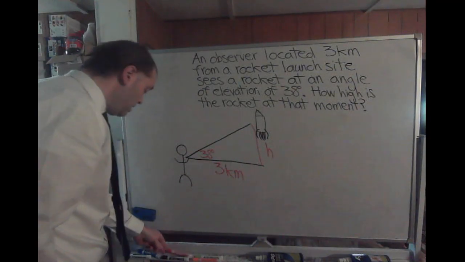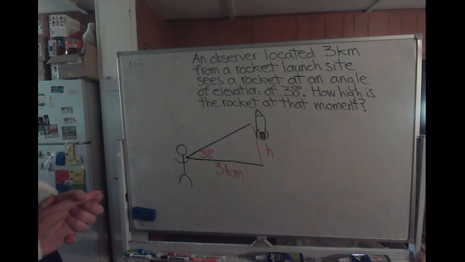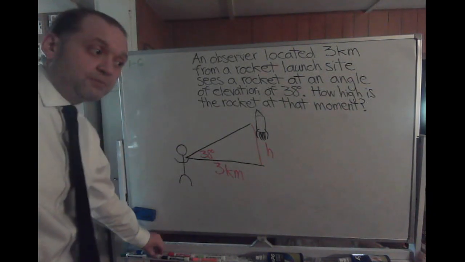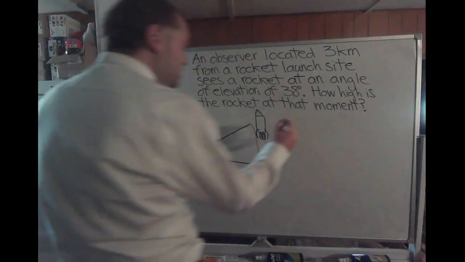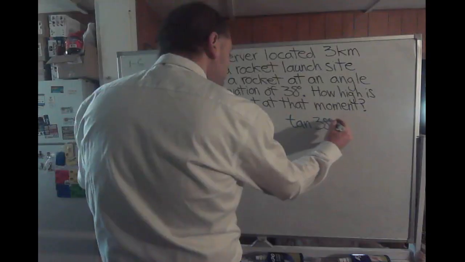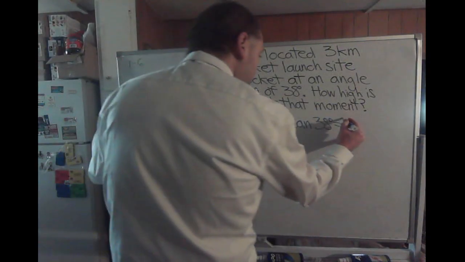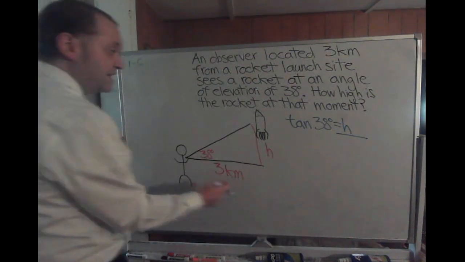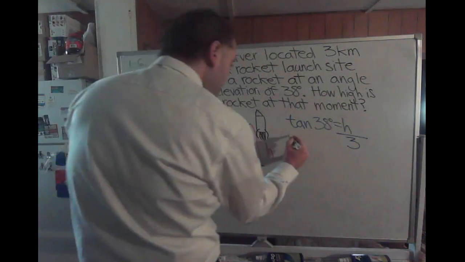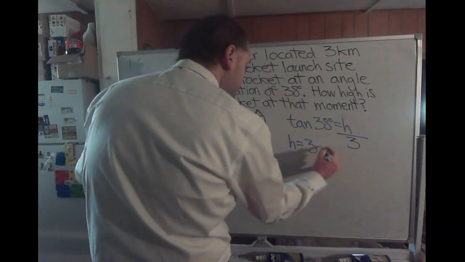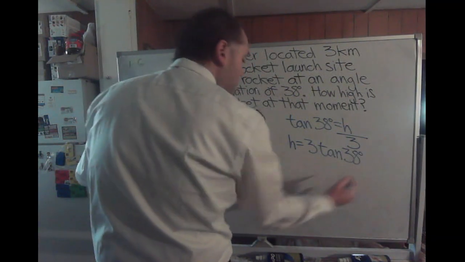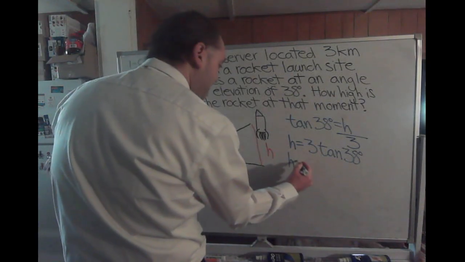So this time here, we have our angle, we have the opposite side and the adjacent side. So you're going to set up your tangent ratio. So you would set up the tangent of 38 degrees. That's going to be equal to your opposite side with h over your adjacent side of 3 kilometers. We'll just say 3 for a moment. So the height is equal to 3 times the tangent of 38 degrees. So we'll round to the nearest kilometer.